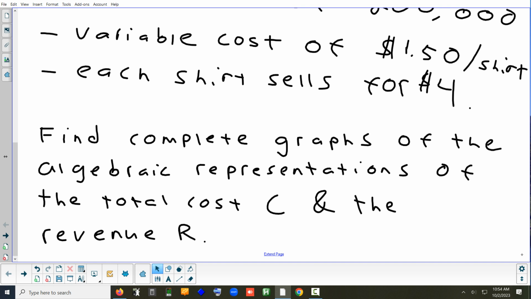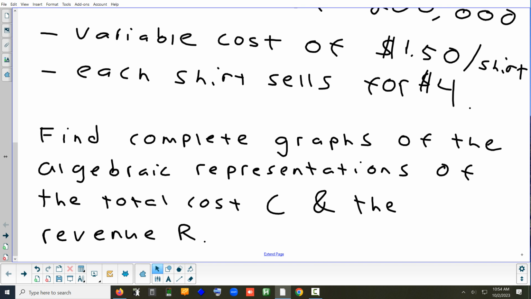So whether it's cost or revenue, we're going to need a variable that represents something. What do we need a variable to represent in this case? Shirts sold. Yeah, whether it's the number of shirts you sell, the number of shirts you produce, we need a variable for the number of shirts sold. So let's pick a letter for that. What would be a good letter?